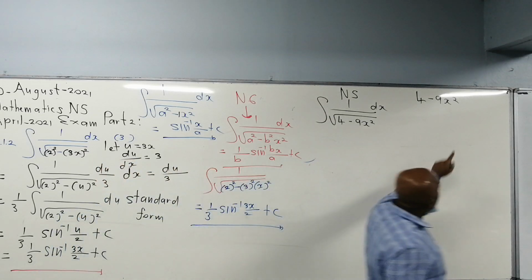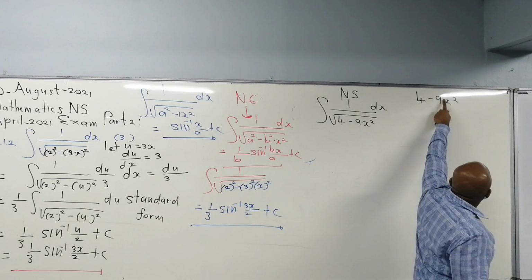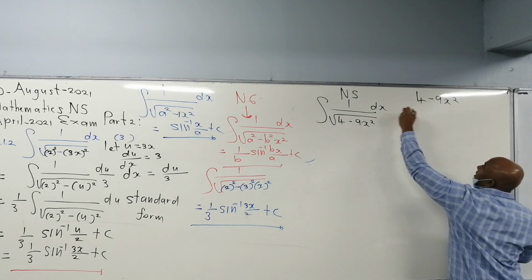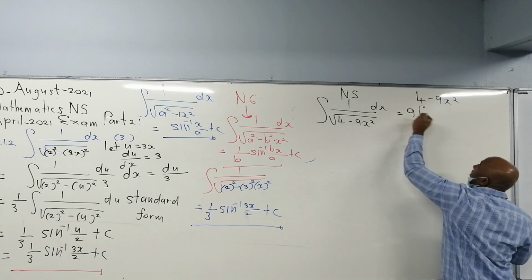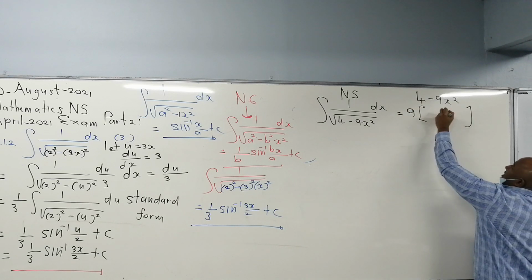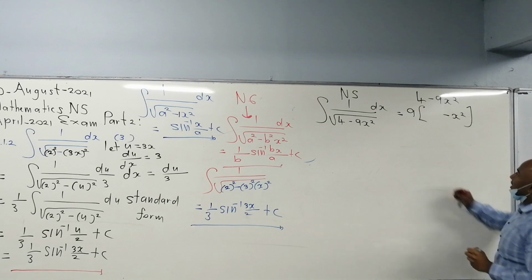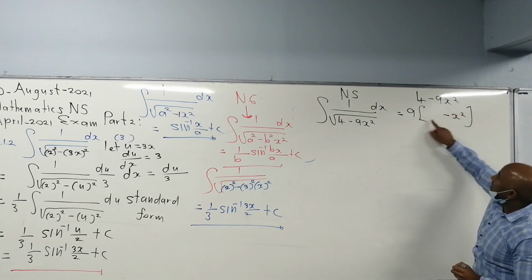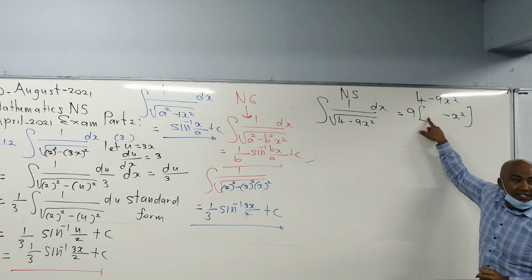So if I want the coefficient of x squared to be 1 here, or minus 1, then you need to take out a common factor. If I take out 9, I'm left with minus x squared here, because 9 times minus x squared is minus 9x squared. The question is, what will the first term be?